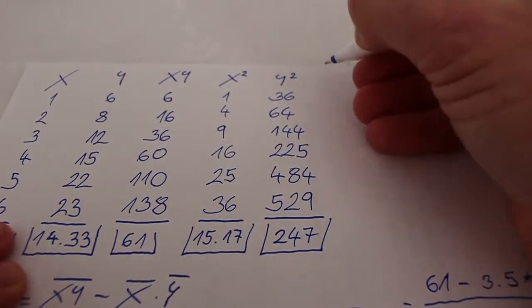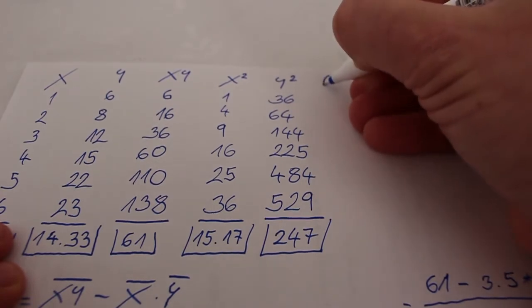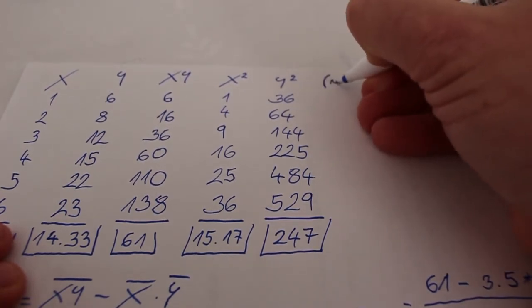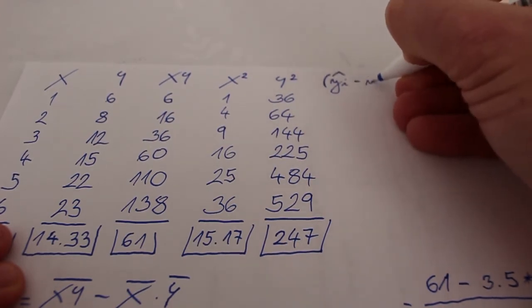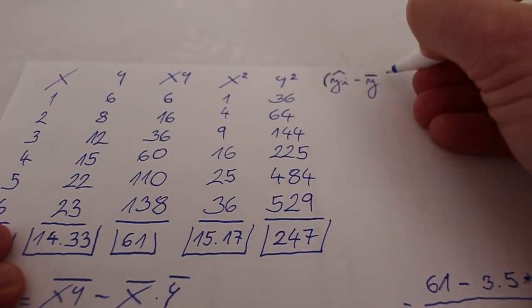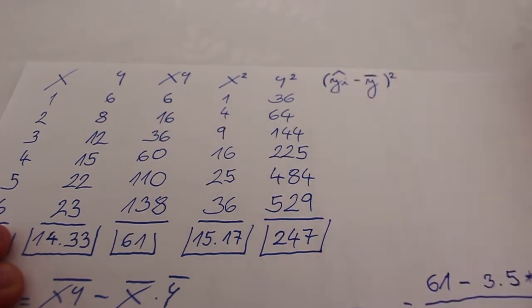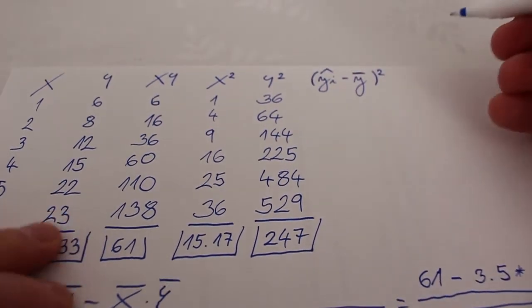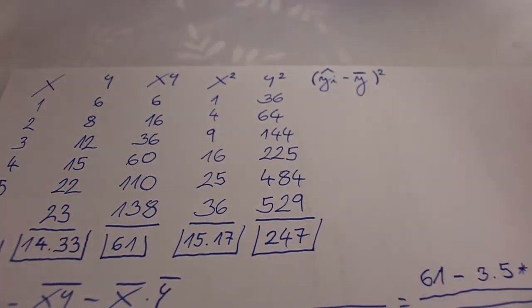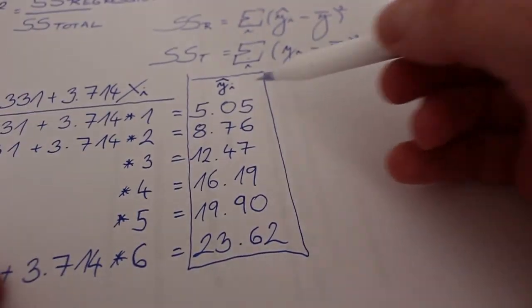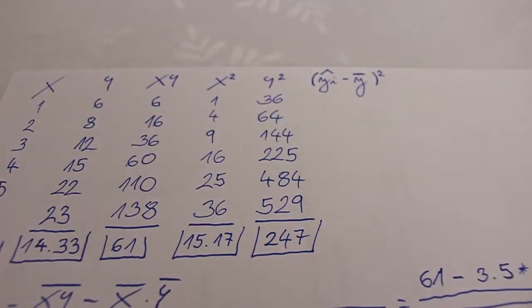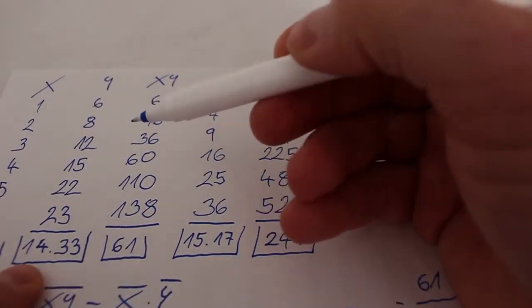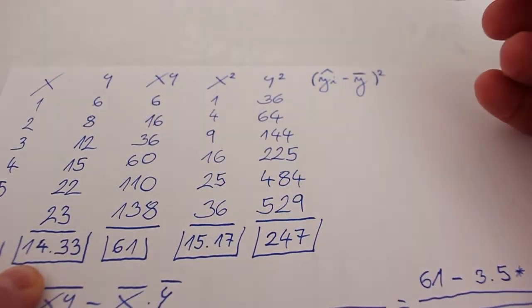I need to calculate here y hat minus y mean, in squares. So I have here this column, and I will use this column and the mean 14.333.